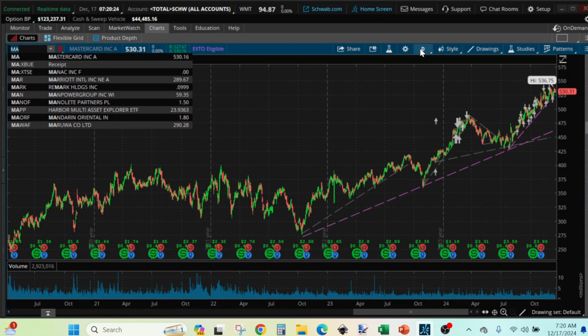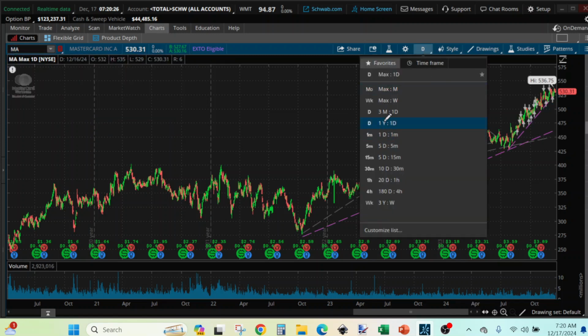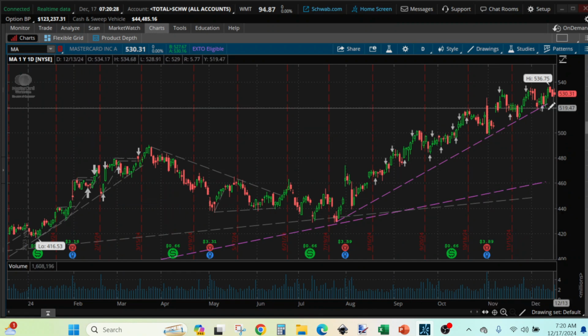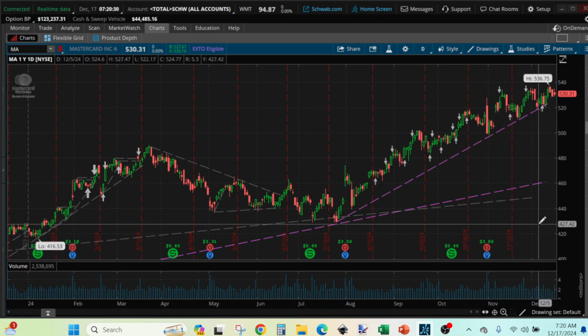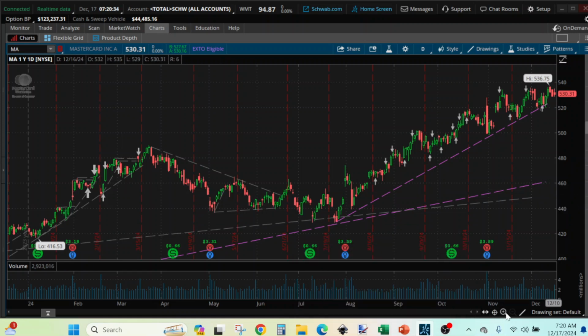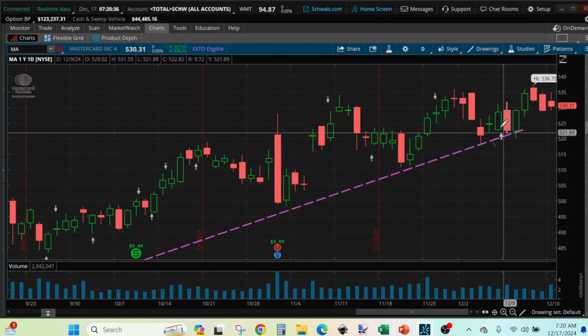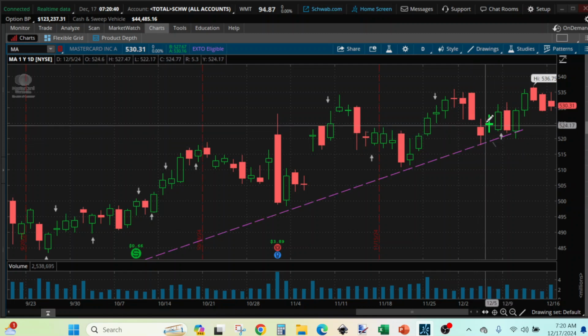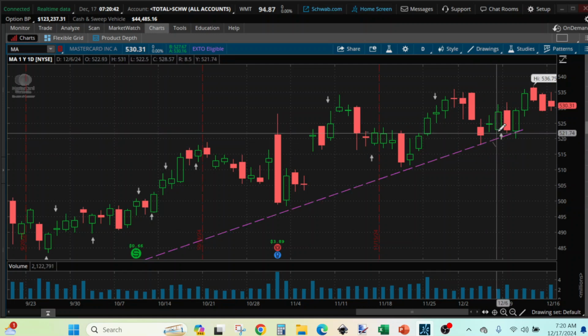So let's go back to the 1 year daily chart, and this one, yeah, we bought it at that trend line. Again, we entered a little bit early. You see, we saw the green bar, and we entered it, but we could have waited on this one.